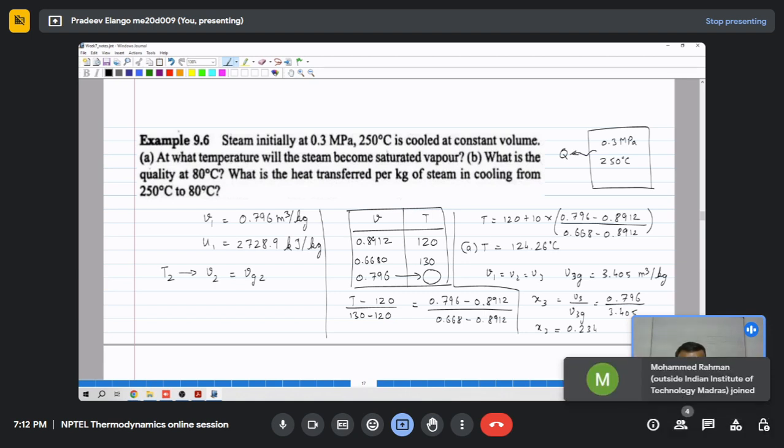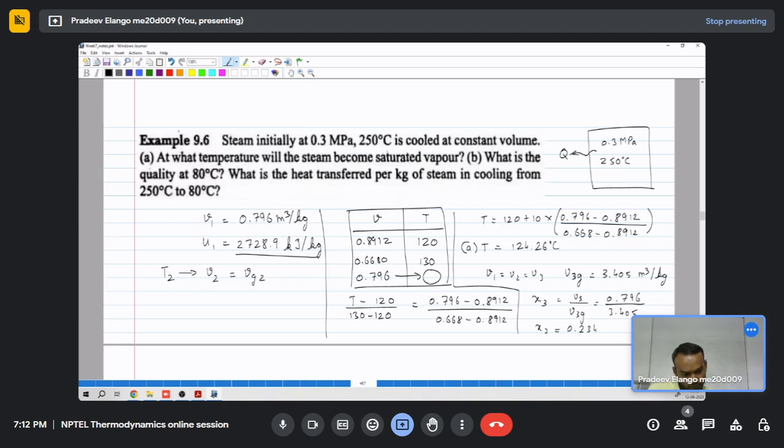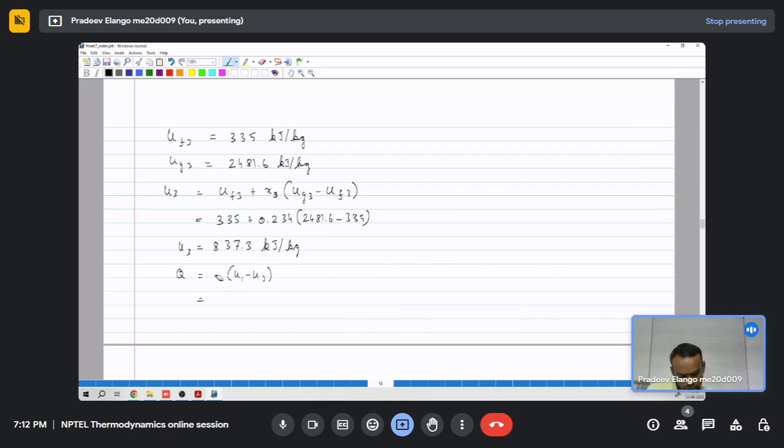We already have state 1. Now heat transfer can be m into (u1 minus u3). Okay, m is not known, so we can have it in terms of per kg.